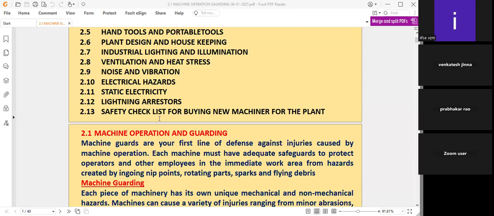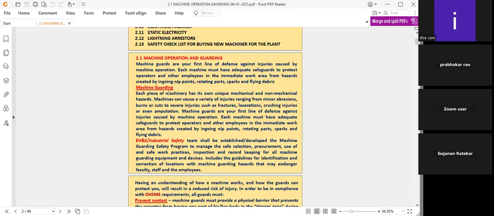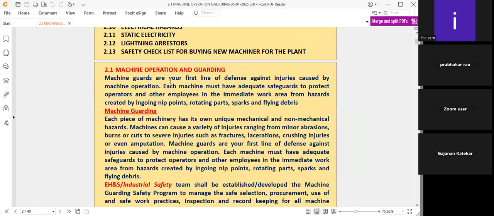Coming to machine operation guarding, it's a very, very important item, or we can say tool, which we need adherence to in the equipment. For example, machine guards are your first line of defense against injuries caused by machine operation.